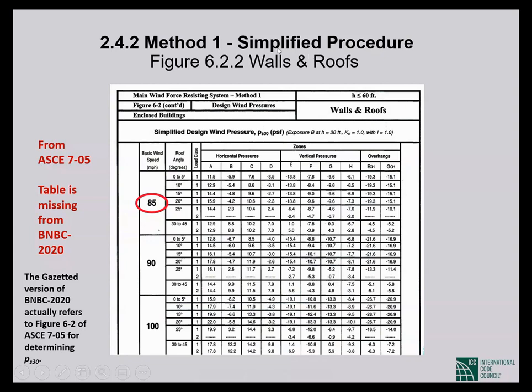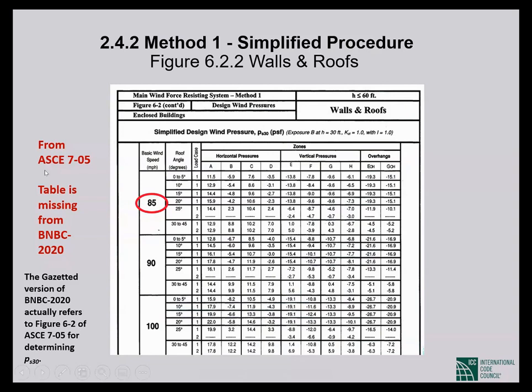Now, to my utter surprise, I found that this vital table was missing from BNBC 2020. The copy I had, which I had every reason to understand was the very latest that was not modified, did not have this table.